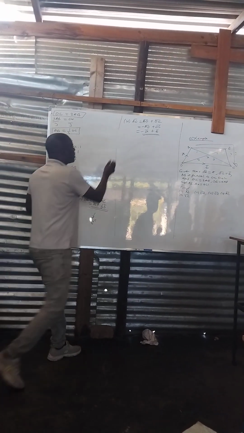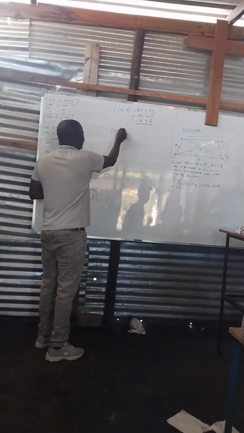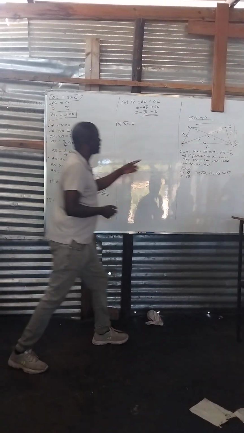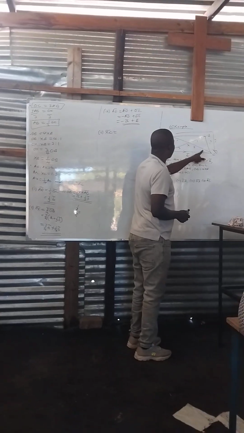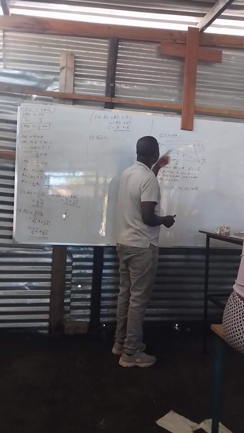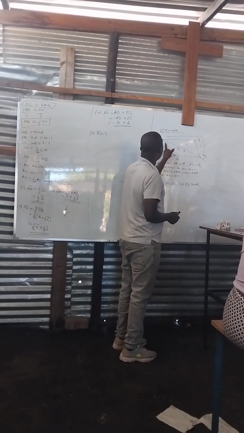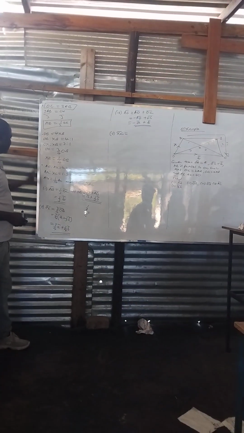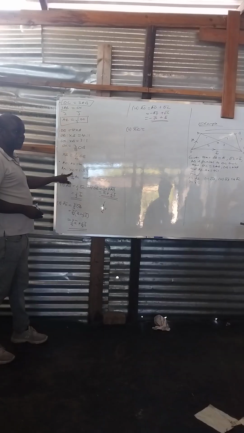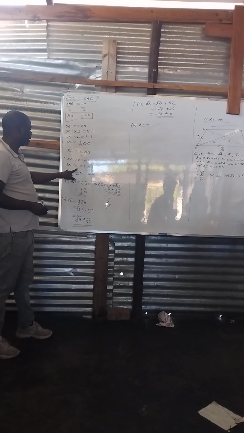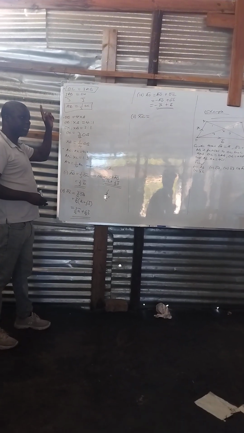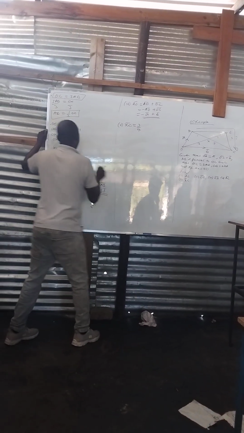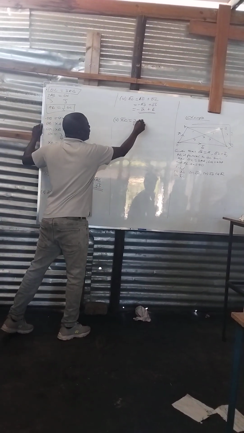Now, last part, item 5. XC. How do you calculate XC? Take up AC. What we are given about AC, AX, XC: XC is 3 parts out of 4, so 3 out of 4 of the whole line AC.